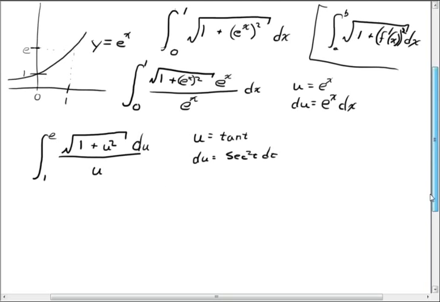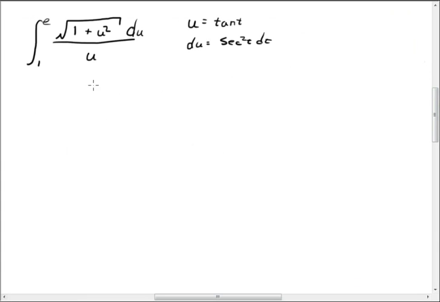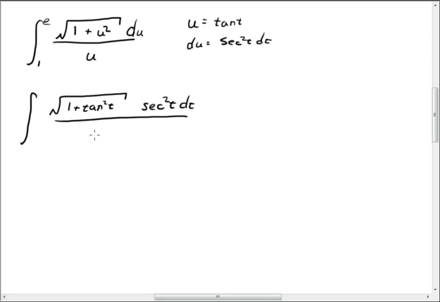So now we get to substitute in. Sorry, I had to resize my canvas. So we have the integral of the square root of 1 plus tangent squared t, times secant squared t dt, all over tangent t. We've got to change our limits of integration again, and we're going to solve for t.